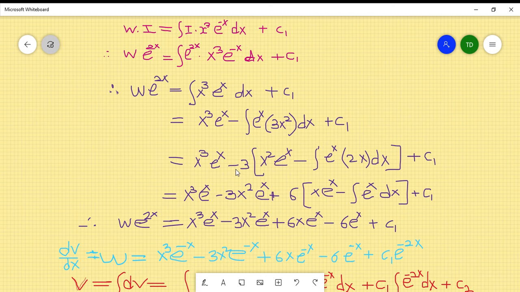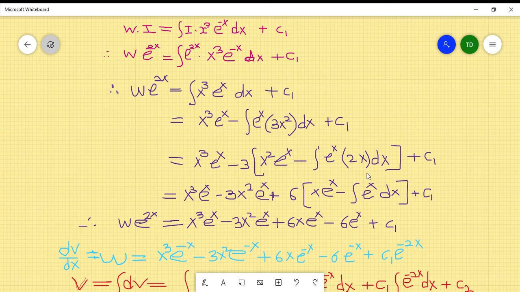3 has come out of the integration, and again we have to run the integration by parts. So it is first function x² as it is, times the integration of e^x, which is e^x, minus the integration of e^x times the derivative of x², which we have written as 2x, with respect to x, plus the constant of integration.